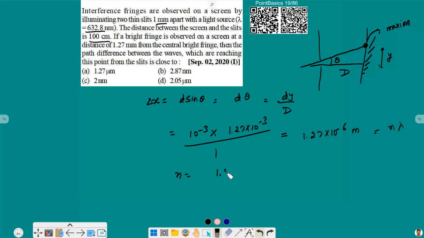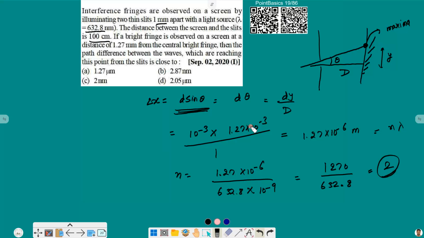So n will be 1.27 into 10 raised to power minus 6 divided by lambda, that is 632.8 into 10 raised to power minus 9, and this will be 1270 by 632.8, and this will be approximately equal to 2. Means we are discussing here the second maxima.